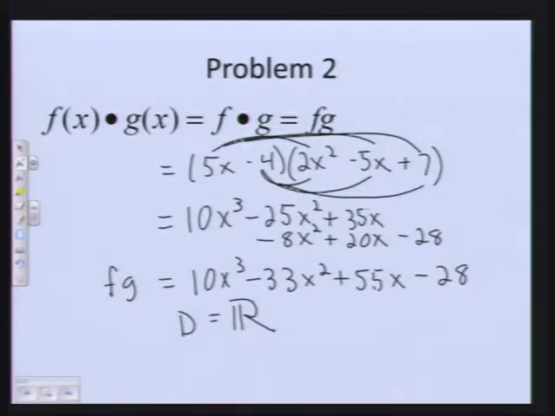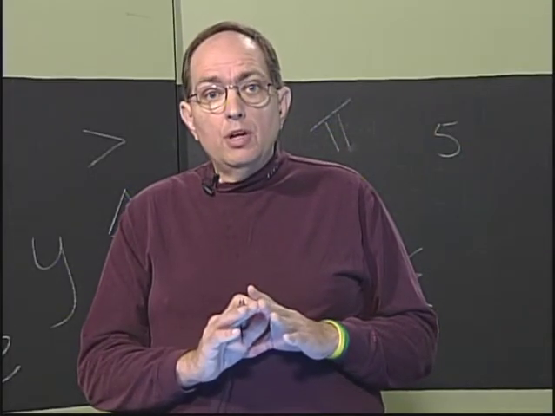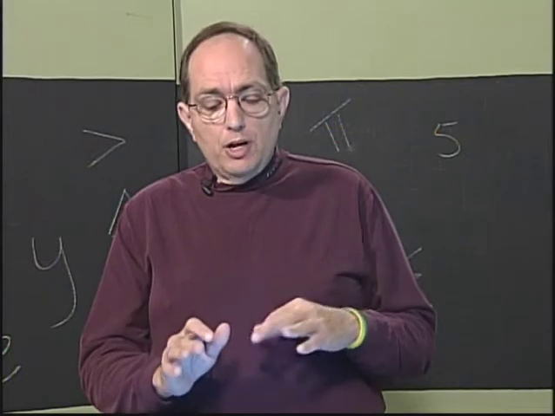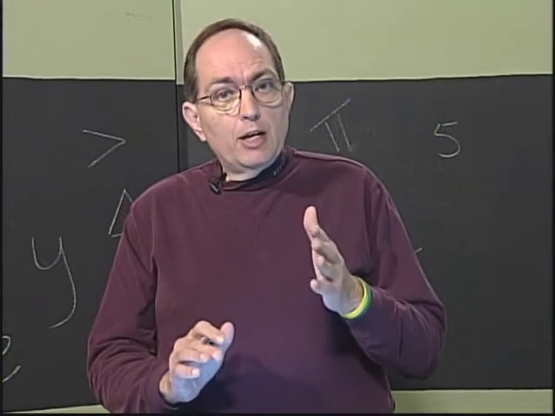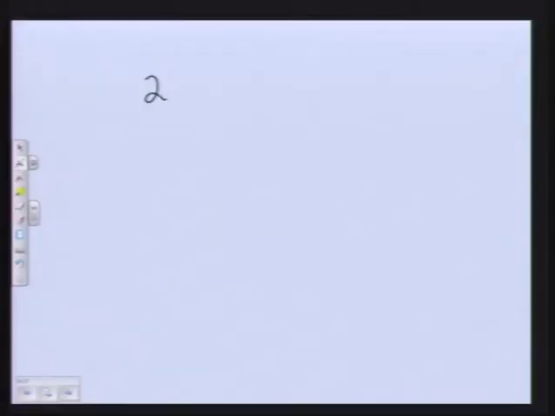One other thing about multiplying that I want to make sure you understand is we don't always have to be multiplying two functions. We could be multiplying a number times a function. So let me make up a problem here that I forgot to include in my slide. Let's say we have 2 times g. All we're doing is multiplying 2 times the function g, which is 2x squared minus 5x plus 7.